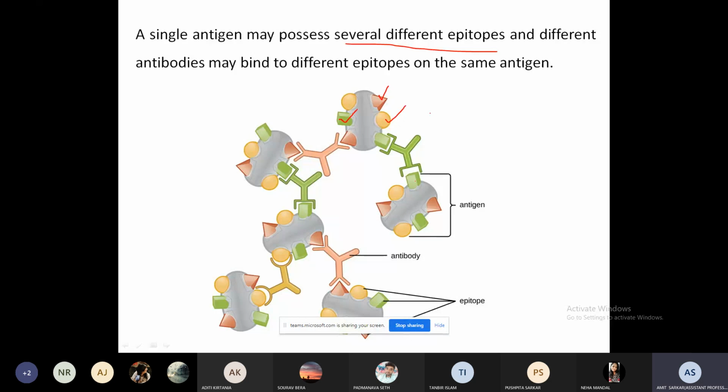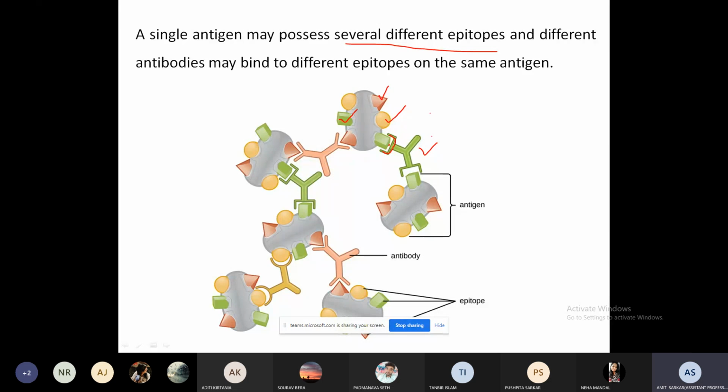Now you are also seeing 3 different types of antibody matching with the color. The green one has a rectangular epitope and the antibody also has a rectangular shape, so it will easily bind to this. This green one is specific to this epitope only. It has nothing to do with the other epitopes.